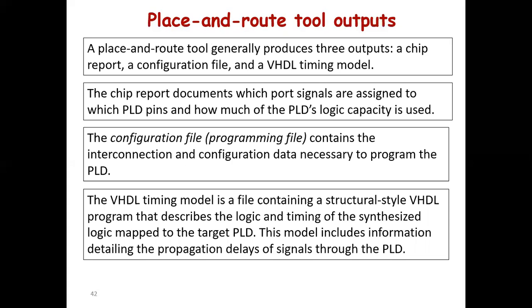The configuration file, that is the programming file, contains the interconnection and configuration data necessary to program the PLD. The BSDL timing model is a file containing a textual style BSDL program that describes the logic and timing of the synthesized logic mapped to the target PLD. This model includes information dealing with the propagation delay of signals through the PLD.